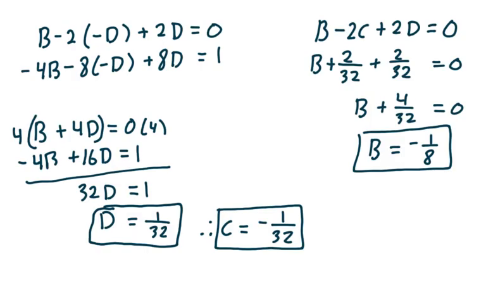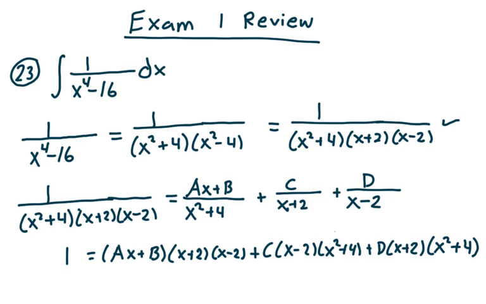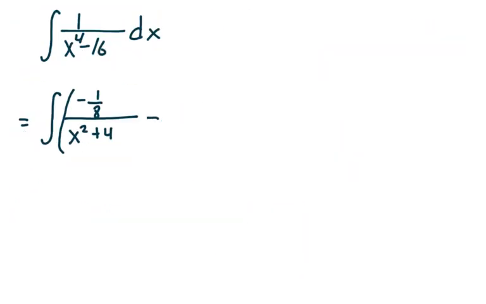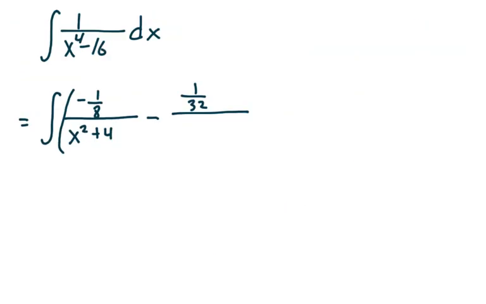Let's go back again. c is negative 1 over 32. So I get minus 1 over 32 divided by the denominator, x plus 2. Then plus 1 over 32 divided by x minus 2, dx.